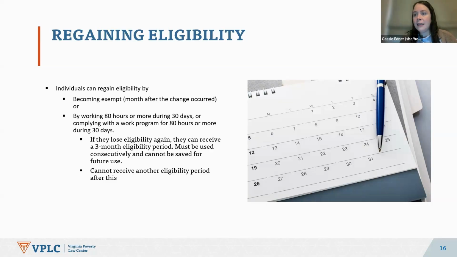Their job is terminated, or their hours are reduced under 20 hours a week, and they can get another 3-month period. Now there's not another one after that. If they then work 80 hours a month for the next year and then lose a job after that, they can't get that 3 months again until that clock restarts. And again, the clock started at the time when they reached that age, and that's how it's calculated.